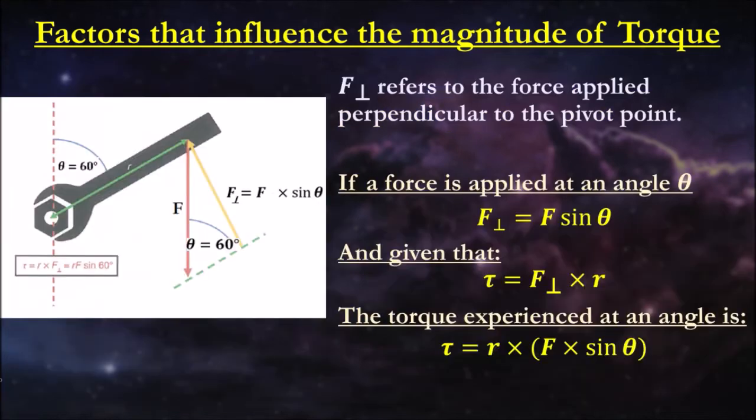Okay, so that's what we have here. To put it simply, we can demonstrate it with this formula. So this is the formula for torque. Tau equals the perpendicular force times the length from the pivot point. Now, to get maximum torque, the force has to be perpendicular to this length here.